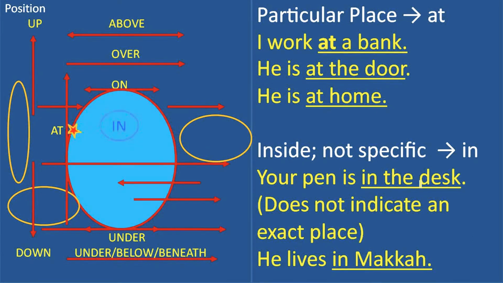It is not indicated. So we will use in here. He lives in Makkah. Makkah is a big place. Where he lives, I don't know, but he lives in Makkah. It's clear to us. So we will use in here, not in an exact place, but in Makkah.